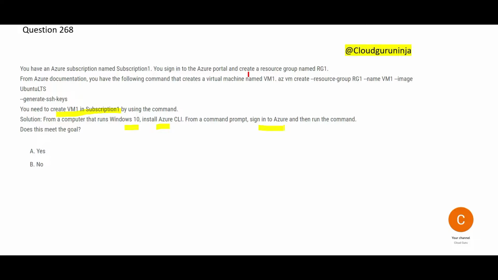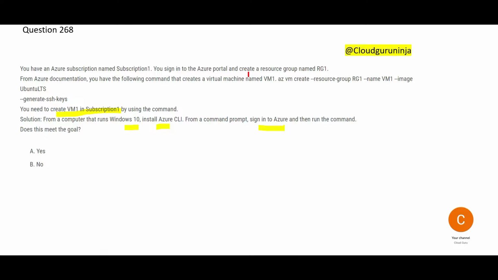That is the question. See, in my previous couple of parts, I had covered this topic that you have three ways to create resources. You can do it via Azure portal. You can do it via PowerShell. You can also do it via CLI, and CLI and PowerShell definitely work on Windows platform, Linux platform, and Mac OS platform.